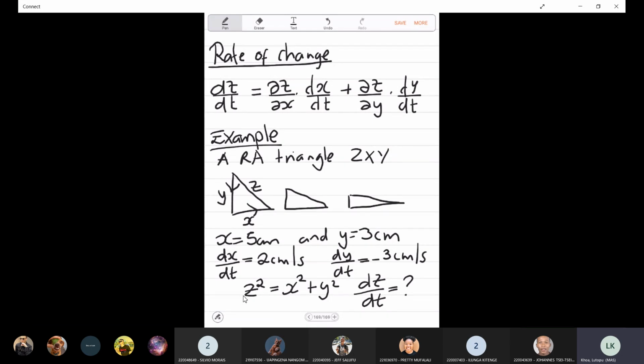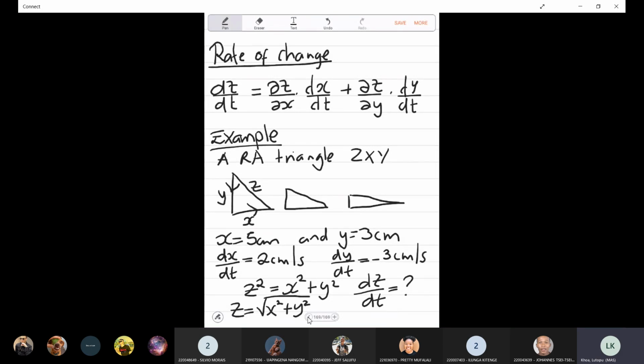How fast is z changing with respect to time at this instant? Okay, so we have the equation that relates x and y. Now we need to come up from this equation with dz dt. We will substitute everything that we have, and then from there we can solve for dz dt. So when we have z squared is equal to x squared plus y squared, this means obviously that z is the square root of x squared plus y squared.